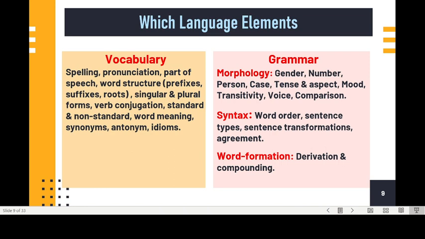When students learn grammar, they learn morphology, syntax, and word formation.